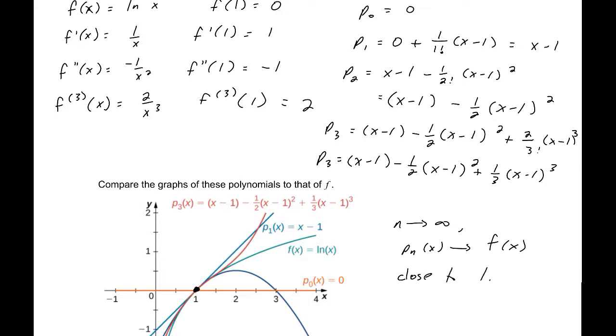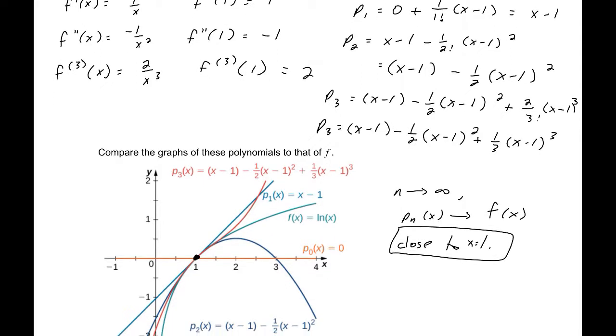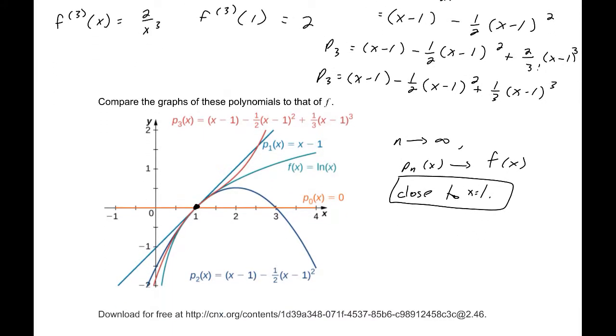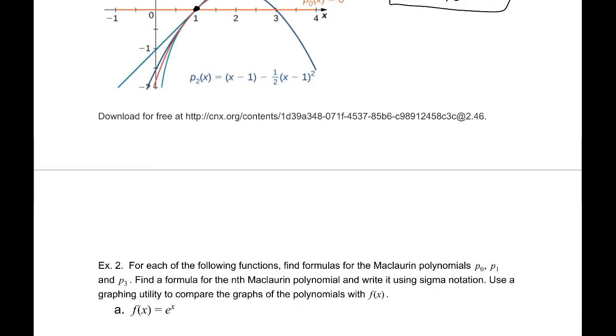If we're close to 1, our Taylor polynomials are very, very good approximations. All right? And we can use that to our advantage in some other cases.